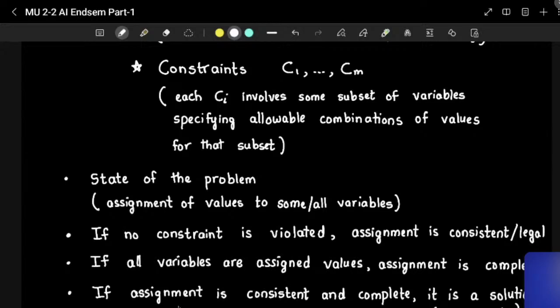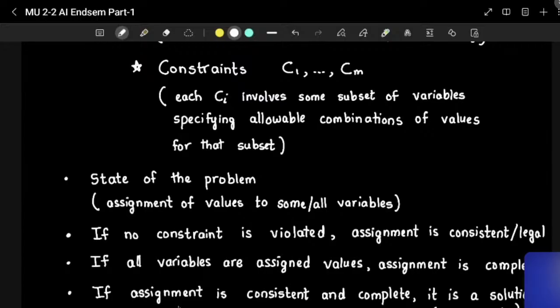So in this context of constraint satisfaction problem, what is a state? If you assign values to some or all variables, that becomes the state of the problem. You can have multiple states and there are different kinds of assignments. When you're assigning values to variables, from the domain, you will pick the values and give them to the respective variables.